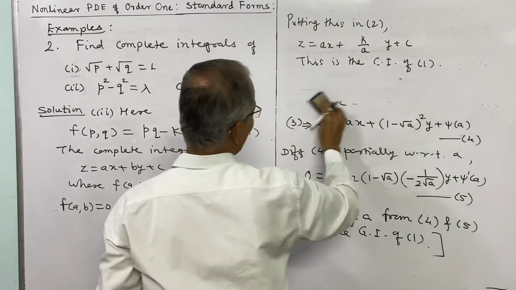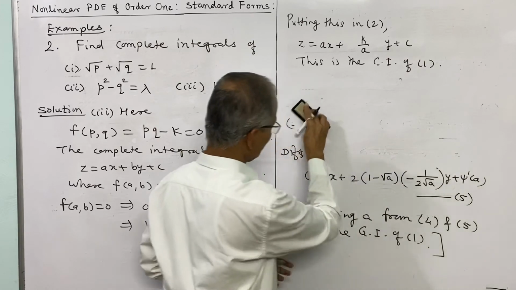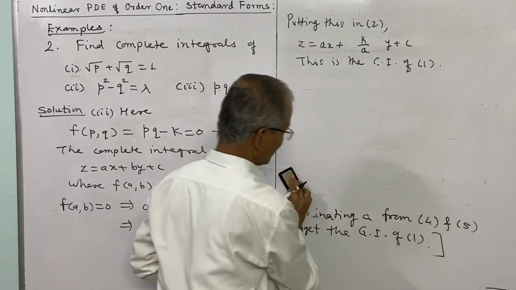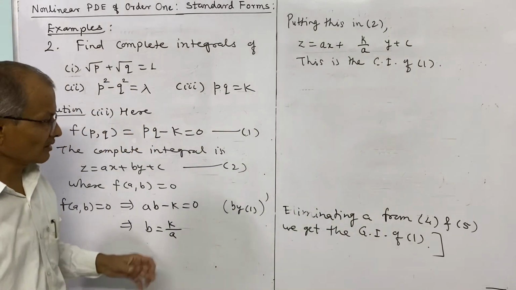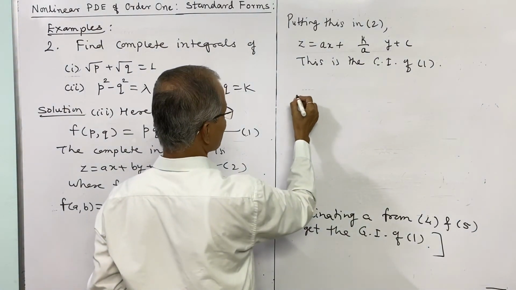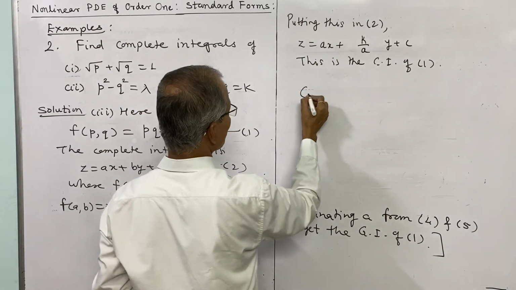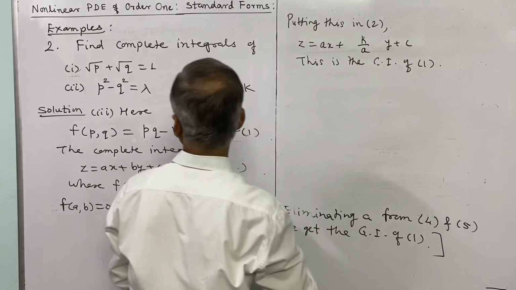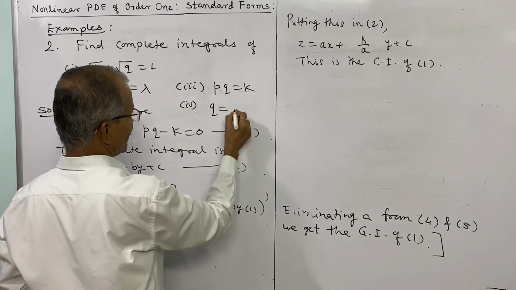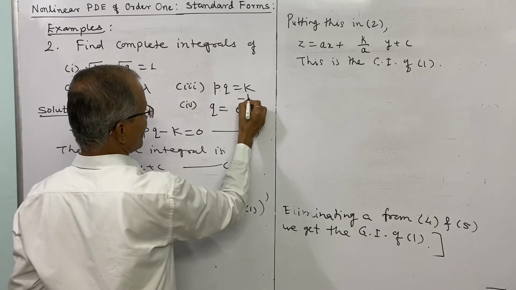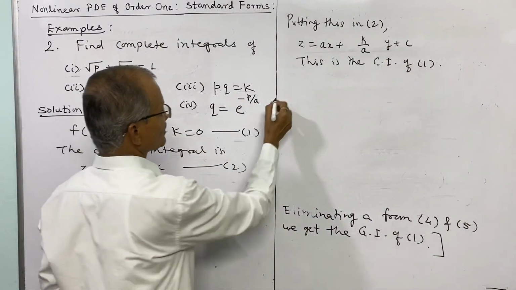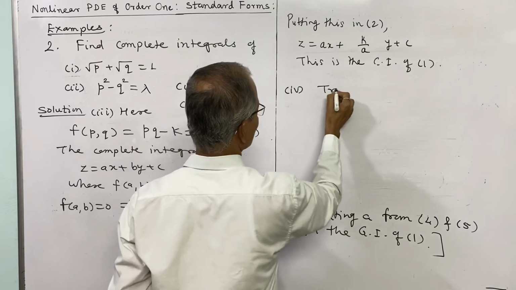So in this way, the method is easy. The problems are also simple to solve. We can find out the complete integral. The procedure is fixed. Now try yourself this example. Find the complete integral, where q is equal to e power negative p divided by a. For this fourth one, you should try yourself.